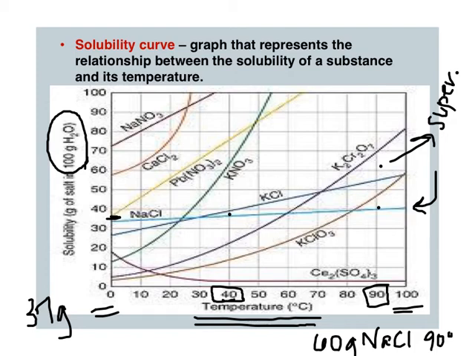It's above the saturation line. But what if instead we only had 20 grams? Notice there, still at 90 degrees Celsius, I'm below that NaCl line. So there I would be unsaturated.